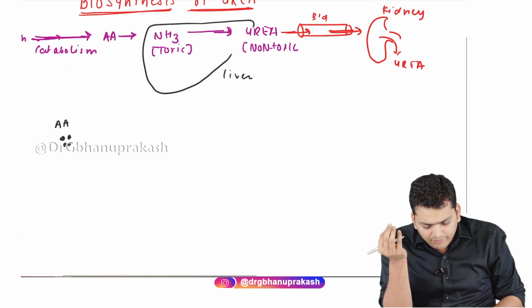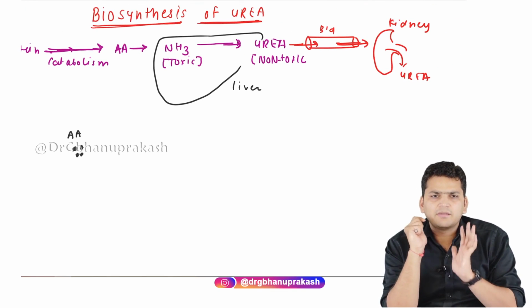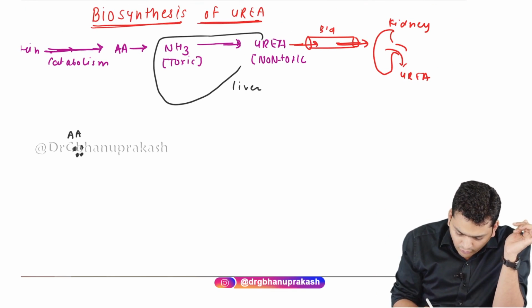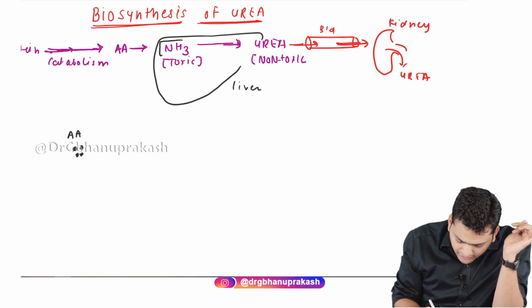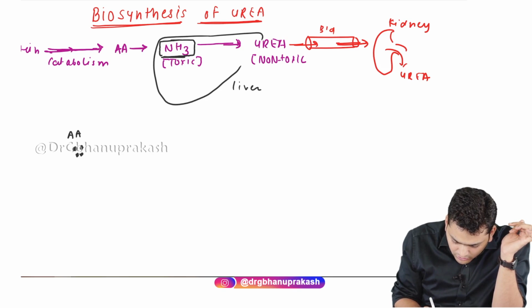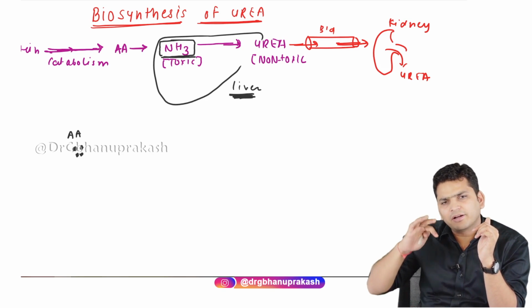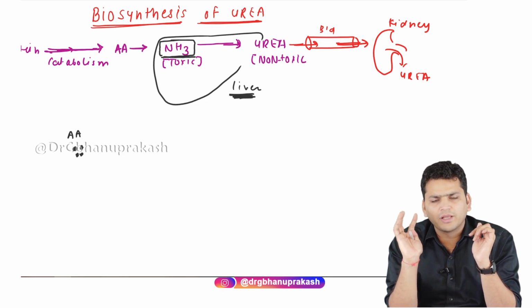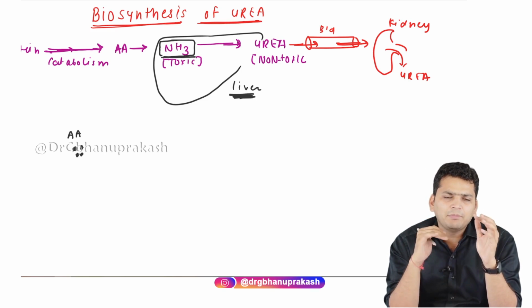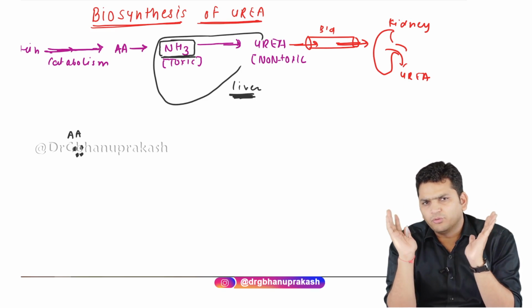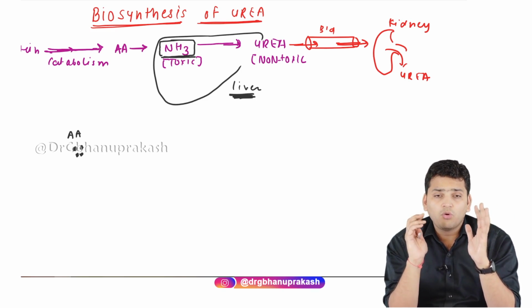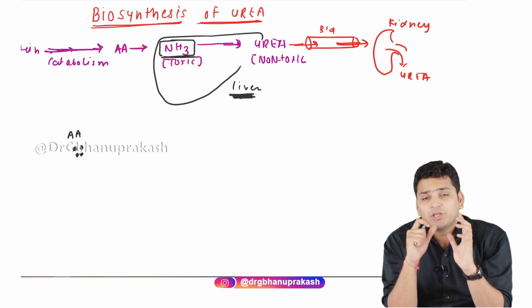What you need to do is send the ammonia to the liver. If the ammonia reaches the liver, it can be converted into urea, and the liver is the only organ which has this capability. So we need to send the ammonia to the liver.